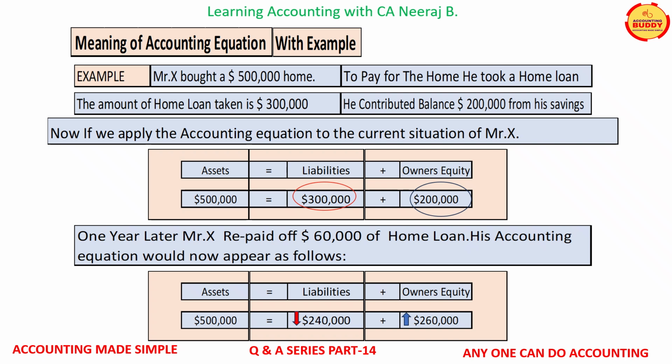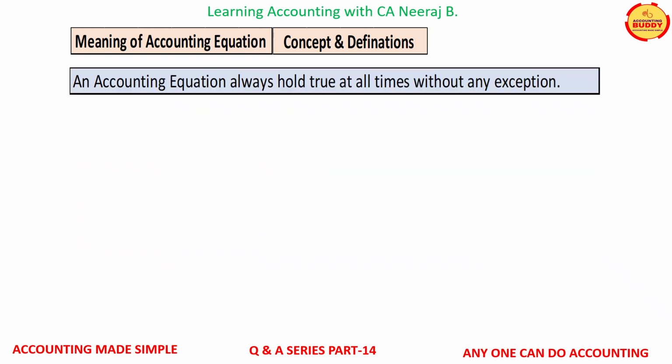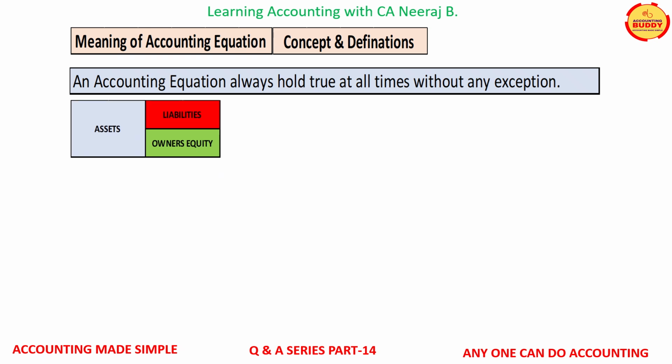Remember, after every transaction, the value of the asset, liability or equity will change, but the right hand side will always be equal to the left hand side of the accounting equation. An accounting equation always hold true at all times without any exception. Total assets of the business will always be equal to the sum total of liabilities and owner's equity.